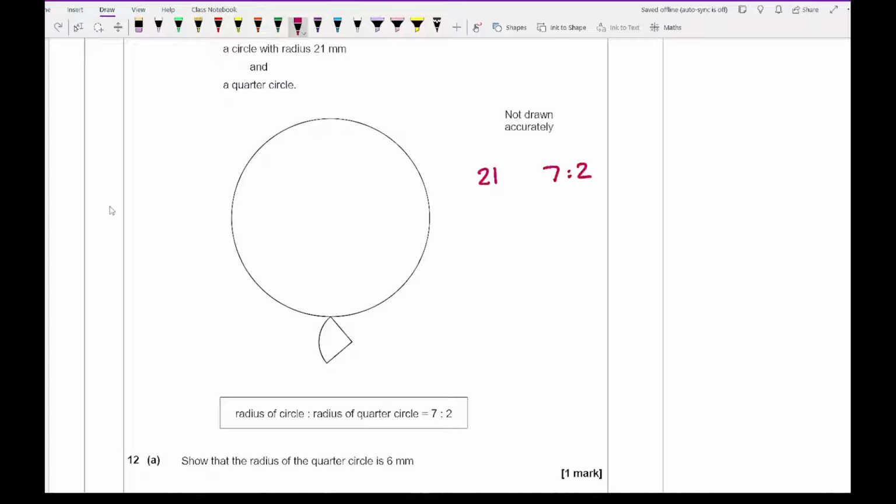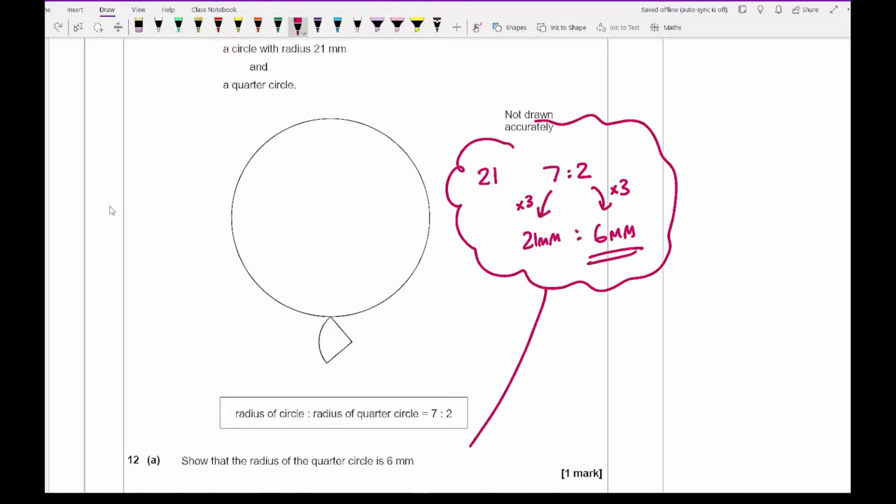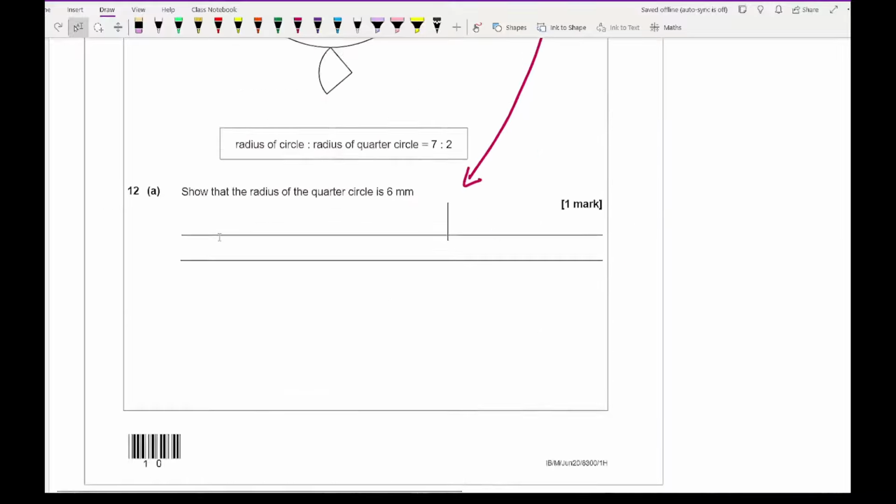Now for this we know that the 7 parts is going to be 21 millimeters. So here I need to divide by 3. So therefore, if I multiply 2 by 3, it's going to give me 6 millimeters. So this acts as my working out, which I should write for the 1 mark.